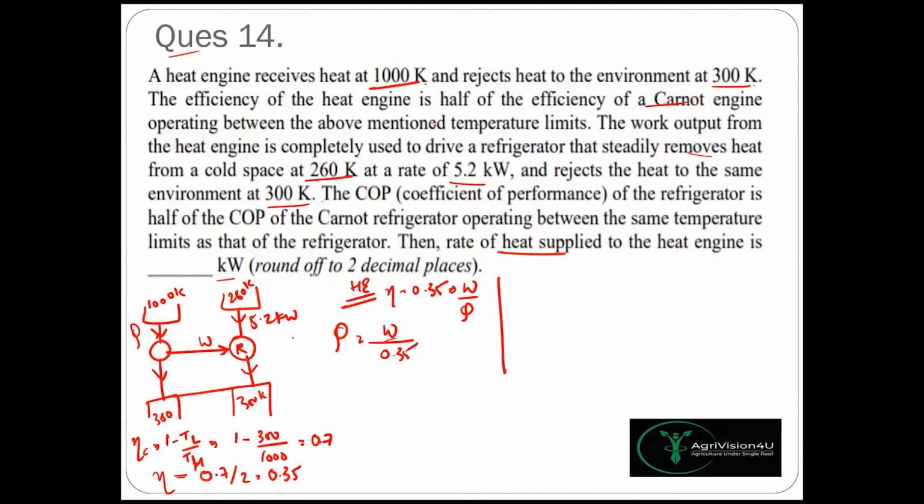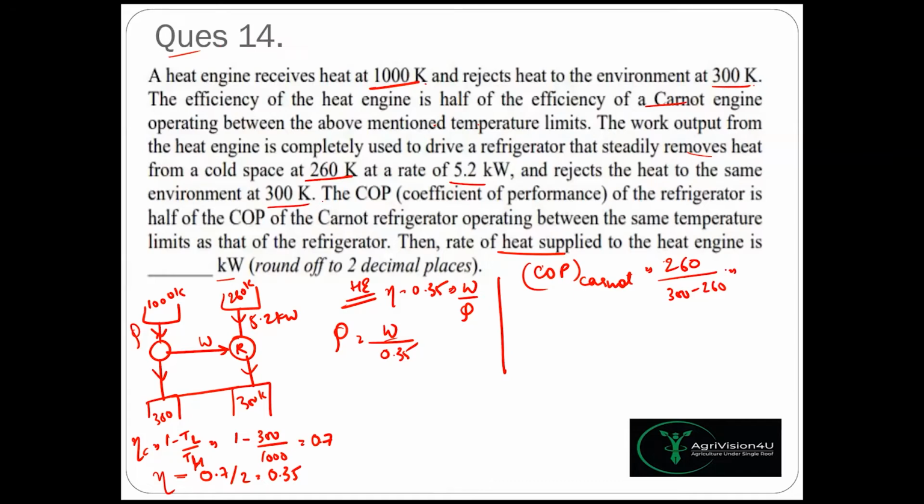Work done हम लोग रेफ्रिजरेटर के केस में find out करेंगे, because हम लोगों का जो Carnot refrigerator का COP है, उसका half होगा actual COP. So first we have to find out the COP for the Carnot refrigerator. Carnot refrigerator का COP हो जाएगा desired effect divided by the input. So desired effect is 260 Kelvin because we are talking about Carnot. So 260 divided by 300 minus 260, that is 260 divided by 40.